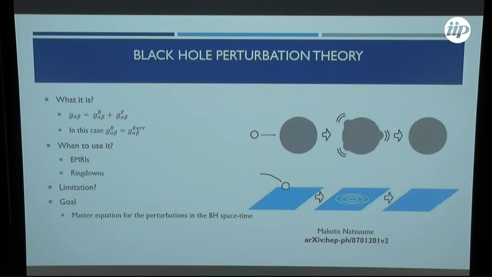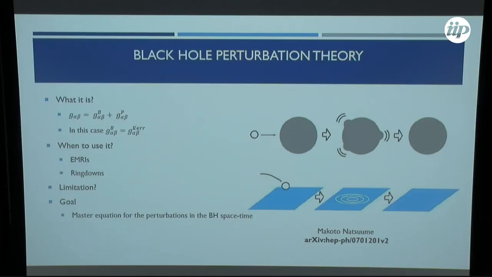So the quasi-normal modes appear in black hole perturbation theory. And in our case, we use the background metric as a Kerr metric, and we calculate perturbations such as small particles going into the black hole, for instance, the extreme mass ratio inspirals, and, of course, in the ring-down phase.